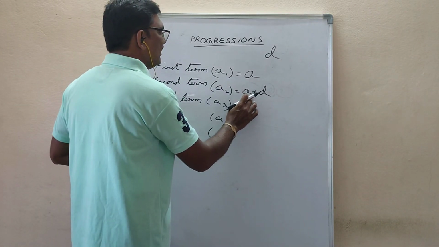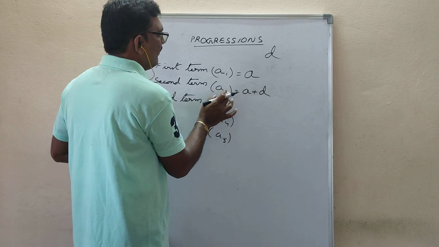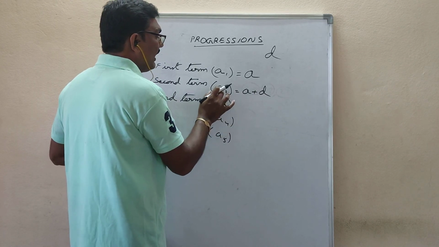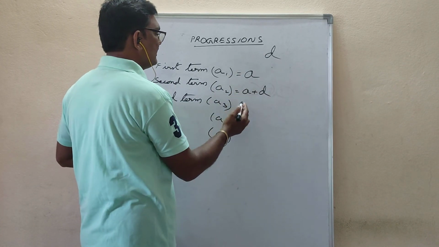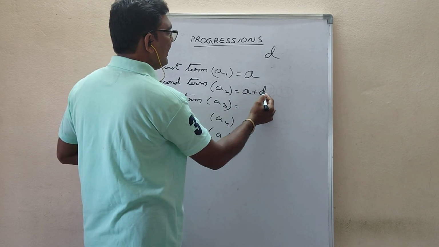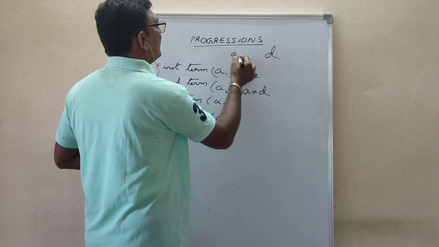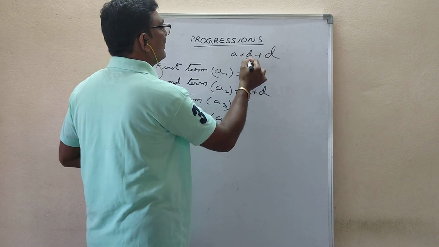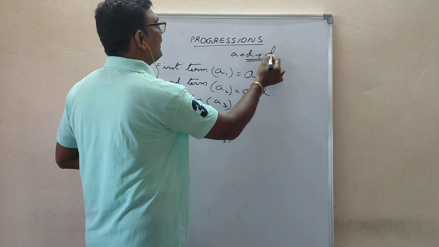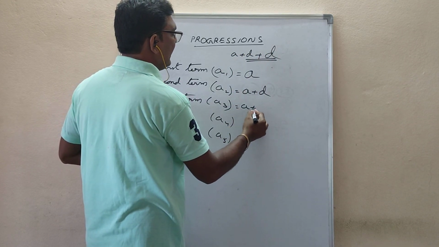To get a3, for a2 again you have to add this difference, meaning a plus d plus d. These two are called like terms. D plus d is 2d, so it becomes a plus 2d.